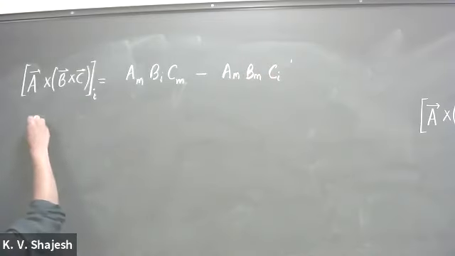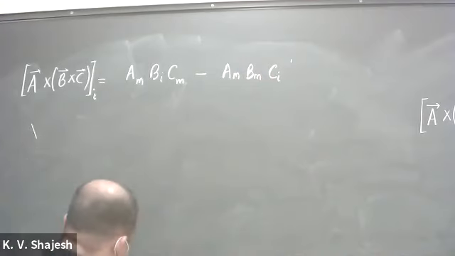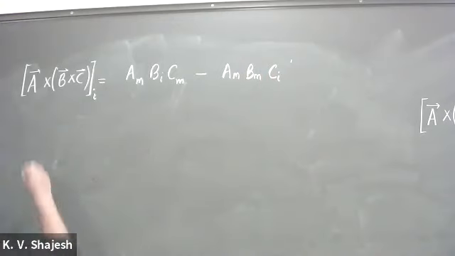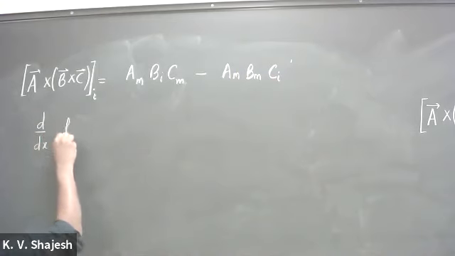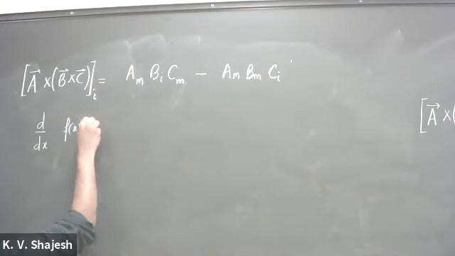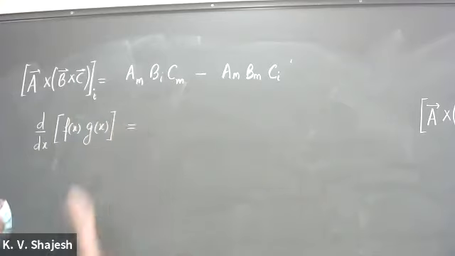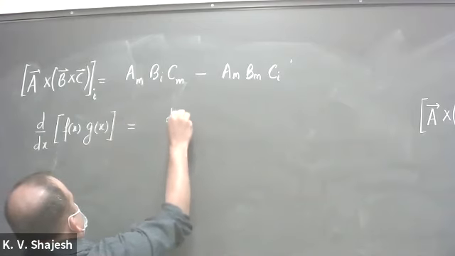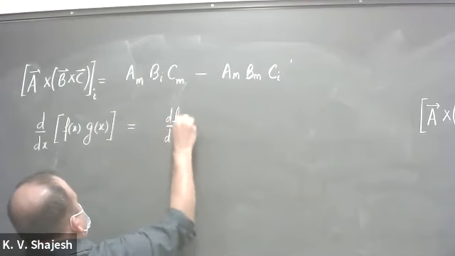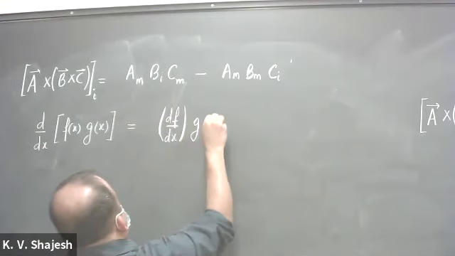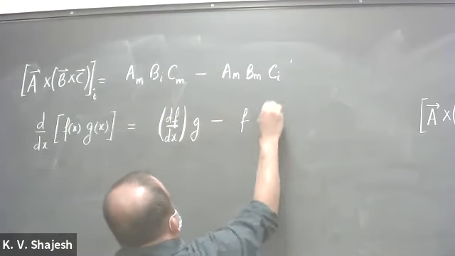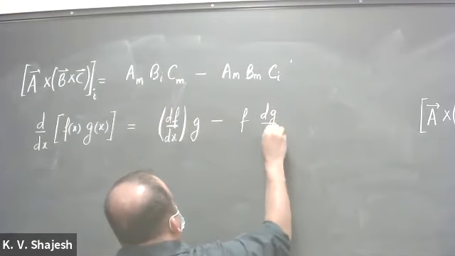Now, we also remember that if you have the gradient, or let's just take differentiation, so simple differentiation, d by dx of a function f of x times a function g of x, this also distributes. So we have the derivative of f with respect to x times g plus f times the derivative of g with respect to x.